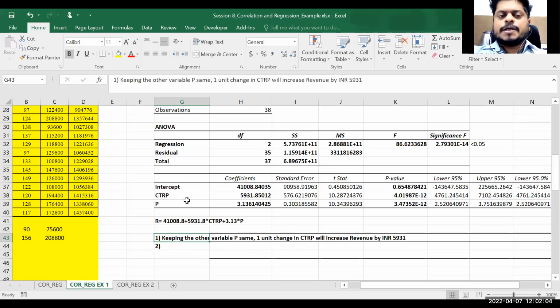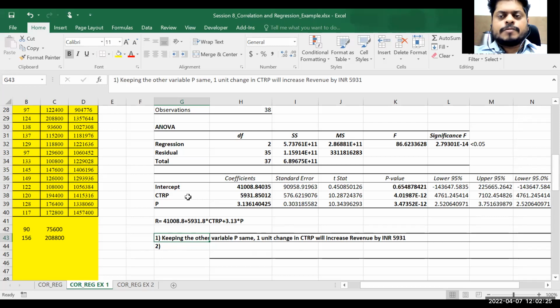How to understand it? Let's say I have two programs. Both of them have the same promotional budget from the same producer. For both programs he is putting 1 lakh rupees per promotion, in social media and other things. So the promotional budget is the same.